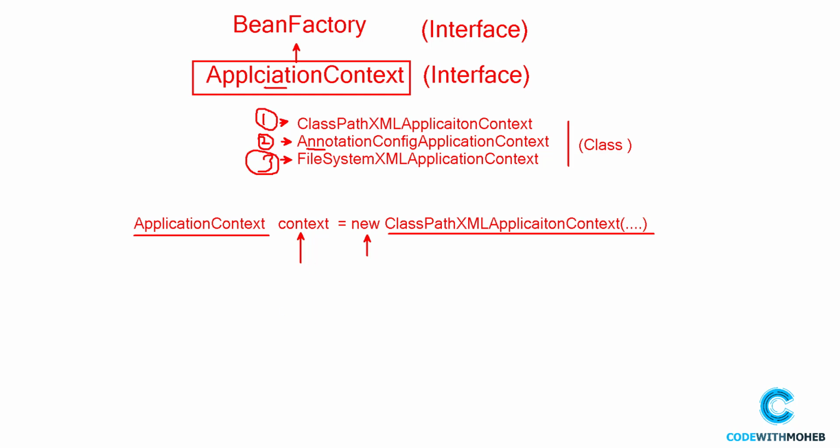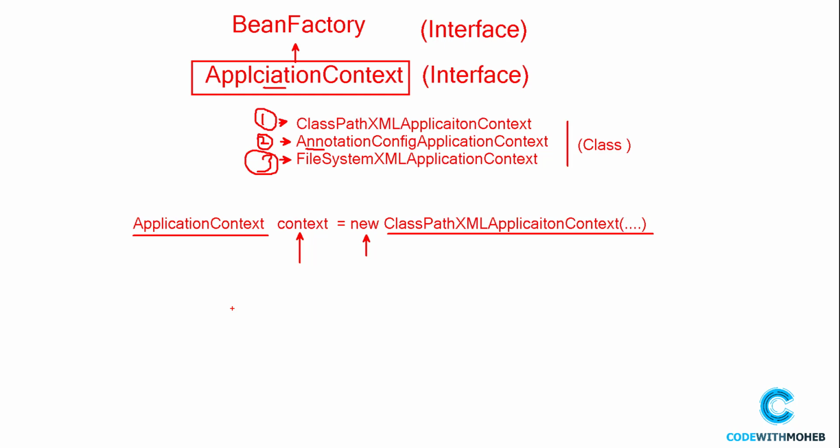In this video we talked about what an IOC is, what the requirements are, and which files IOC needs. We also talked about the interface that represents our IOC, the Spring IOC container, the classes that implement the application context interface, and how to create an object of the application context interface.